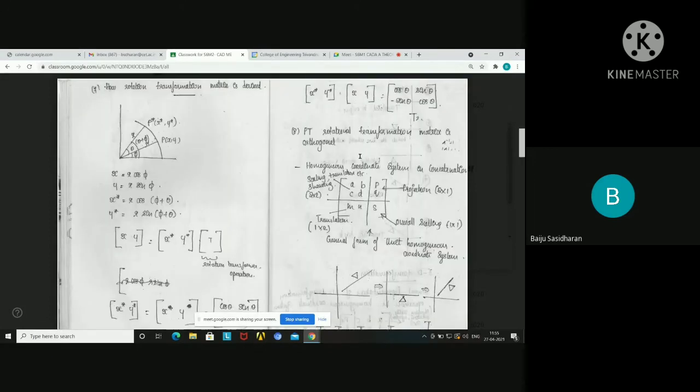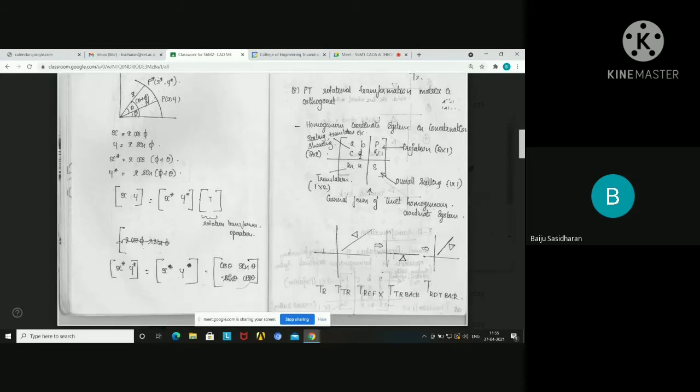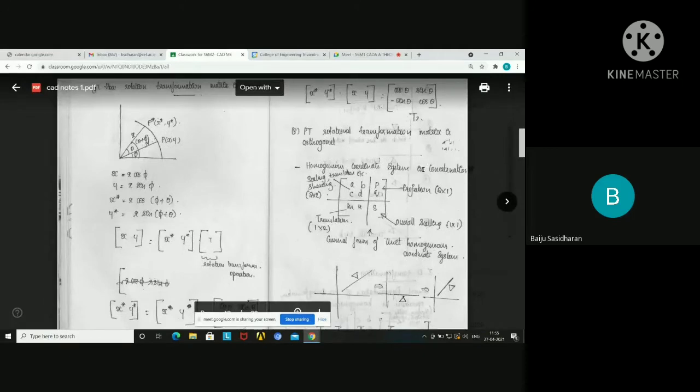And the next one is the homogeneous coordinate system in concatenation. Okay, see, in the homogeneous coordinate system, we have the matrix for translation, where we have to do addition. We have the matrix for rotation, where we have to do multiplication. Suppose we have the matrix for reflection, there also we have to do multiplication.